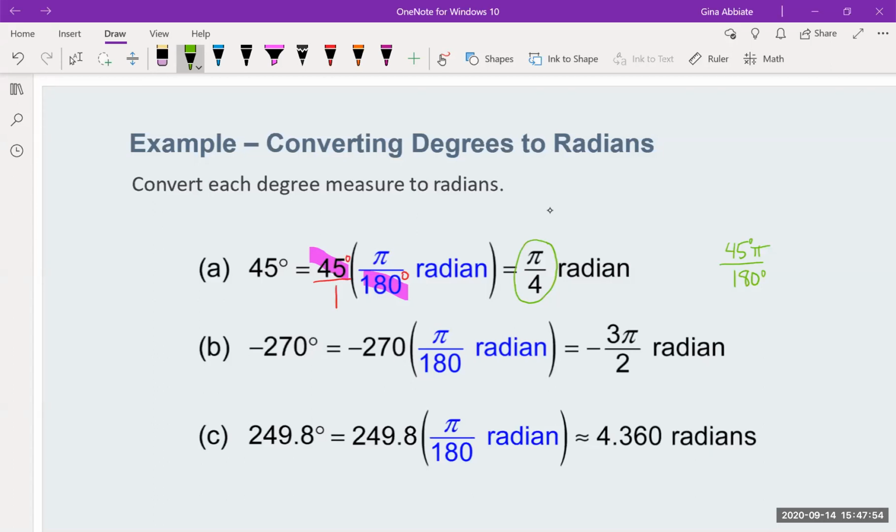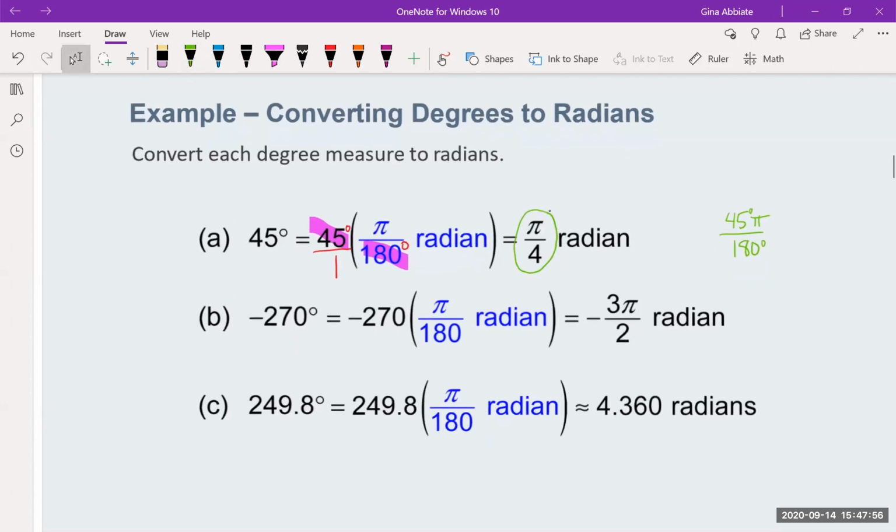Following that same idea for the next example, if we have 270 degrees and we multiply that by pi over 180 degrees, I know that I want the degrees to be in the denominator of the fraction because the degrees are in the top of the fraction that I'm converting.